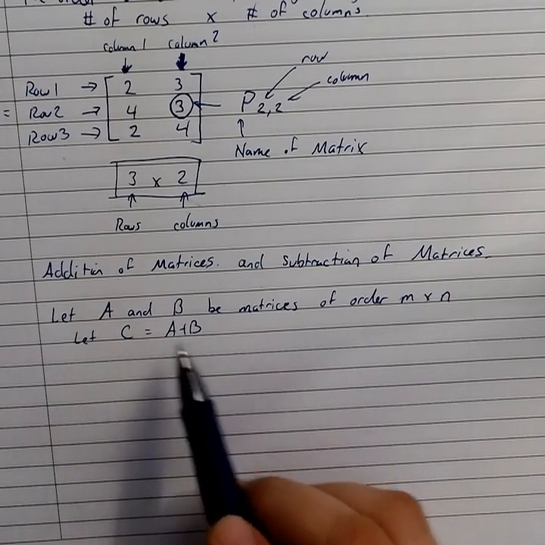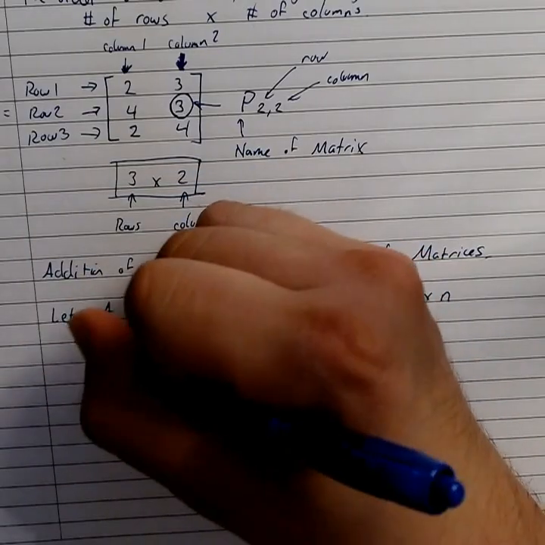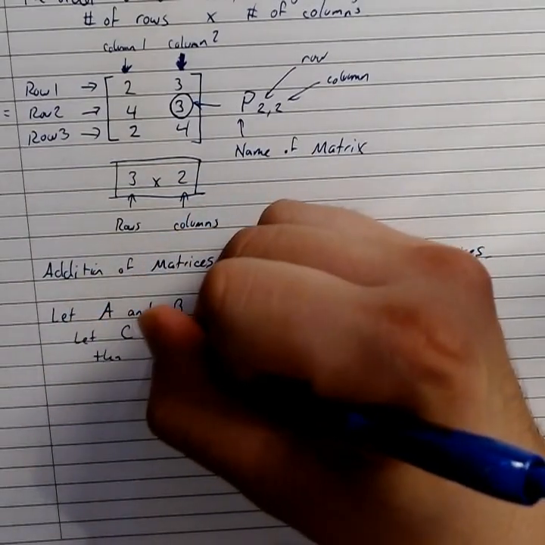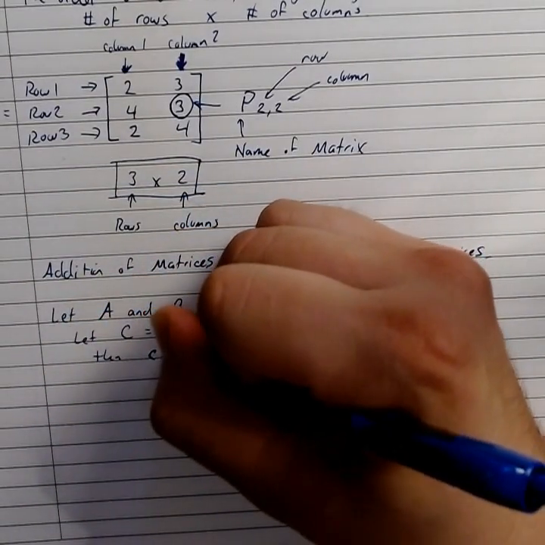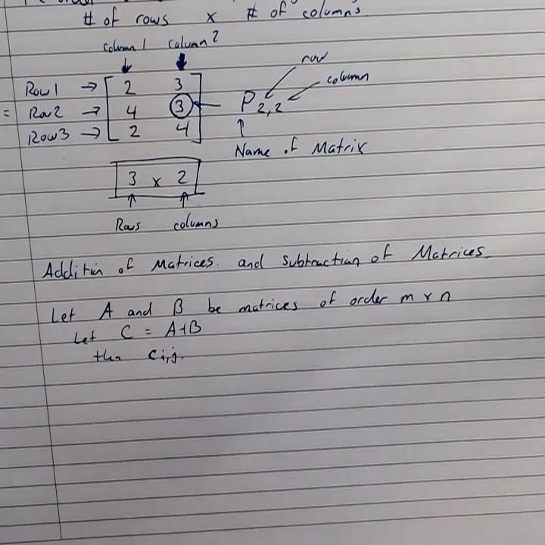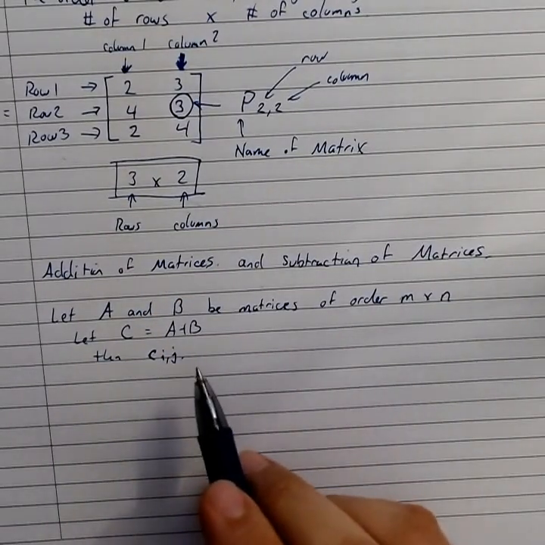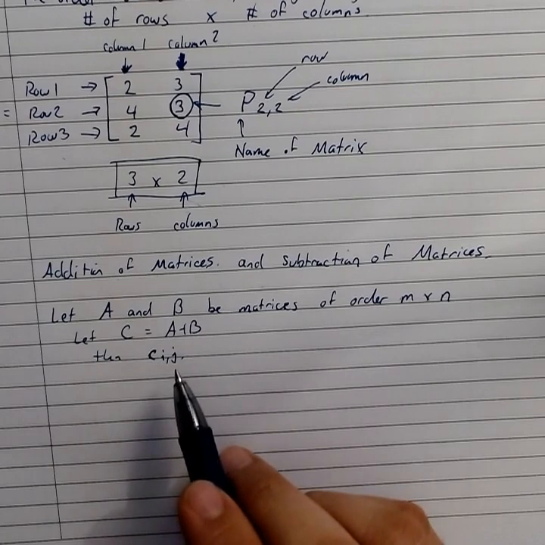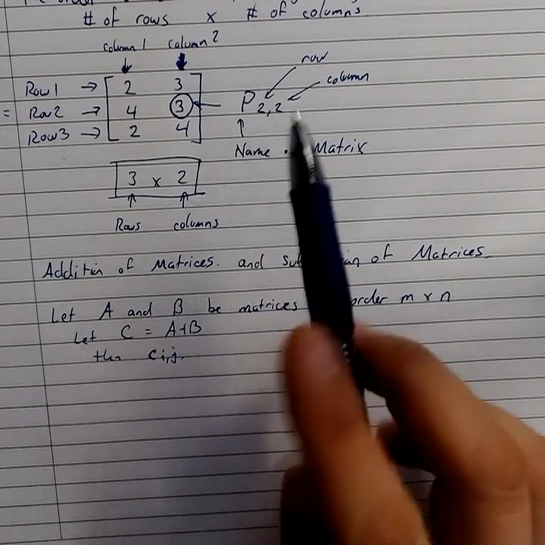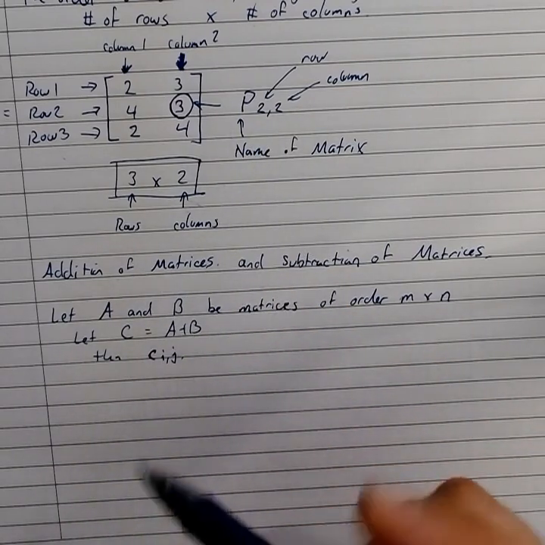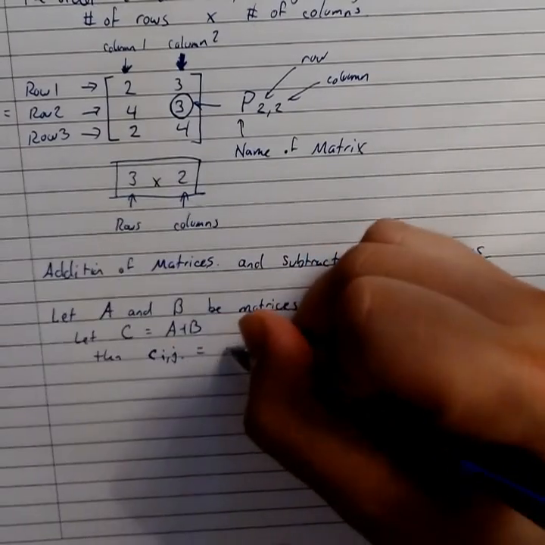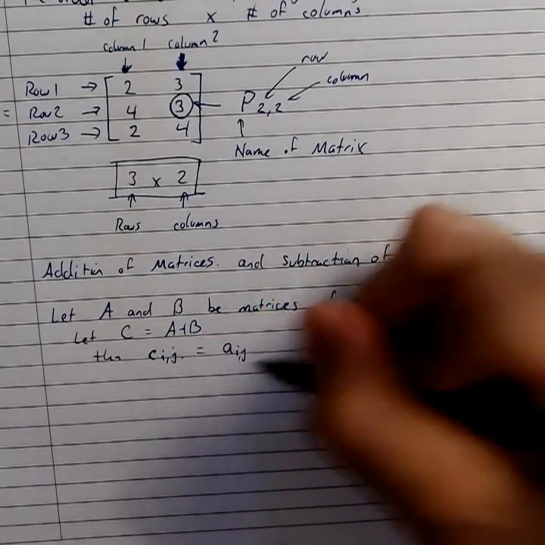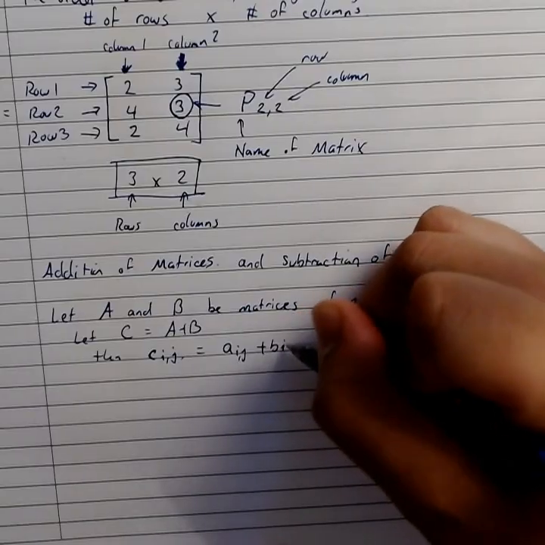Well, let C be that sum. Then the element Cij, this might sound a little confusing at first. Don't worry, we'll come back and talk about what that notation means. It is similar to what we've had up here. But Cij is going to equal Aij plus Bij.